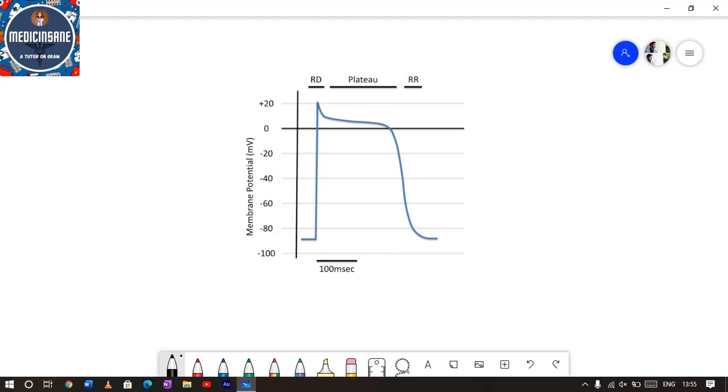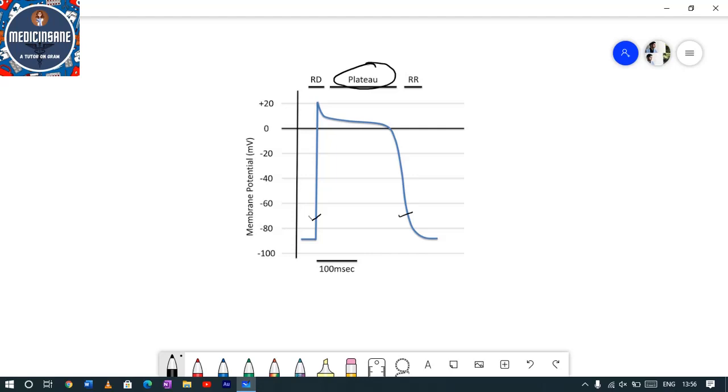The skeletal muscle action potential has a similar depolarization spike. It has the repolarization arm, but it lacks this plateau phase. Because of the plateau phase, we can say that the cardiac action potential has a much longer duration of sustained action potential than the skeletal muscle action potential, right?